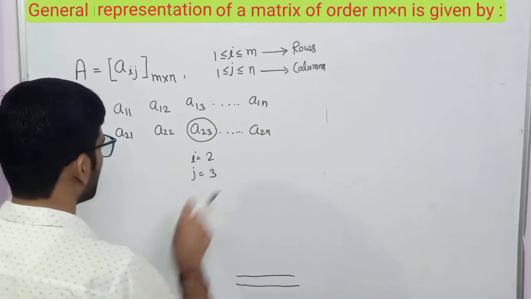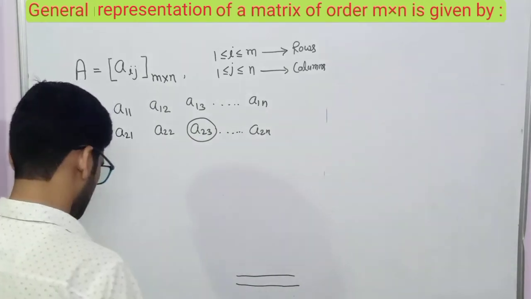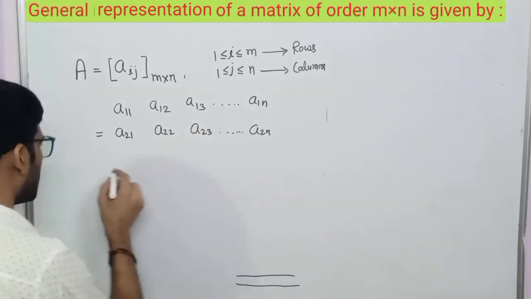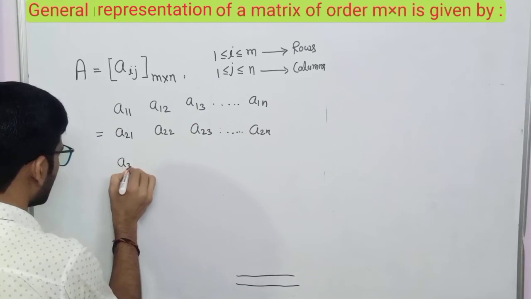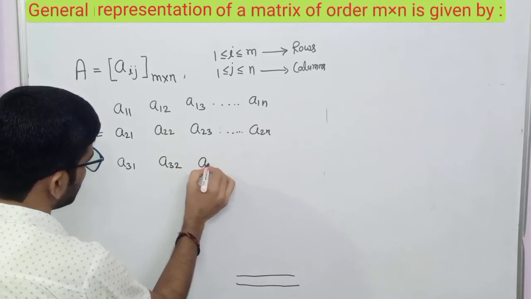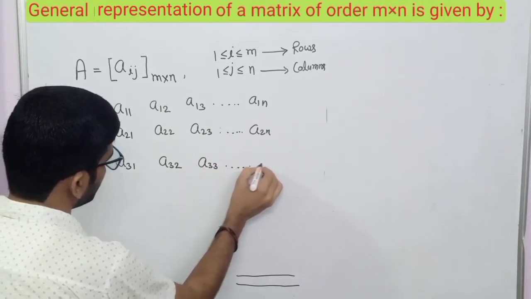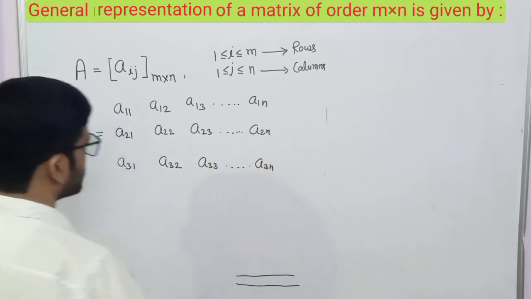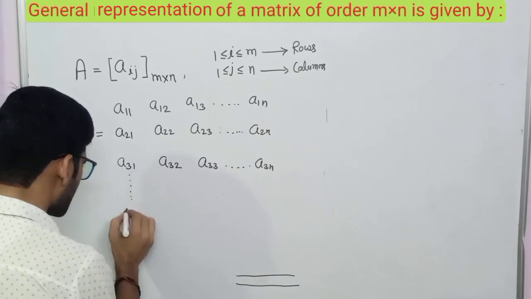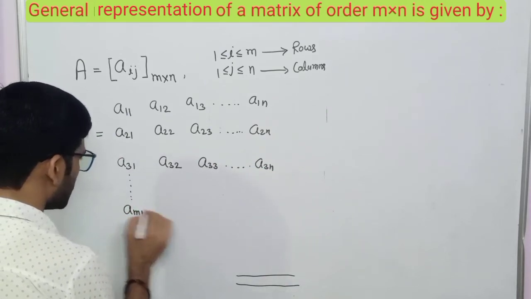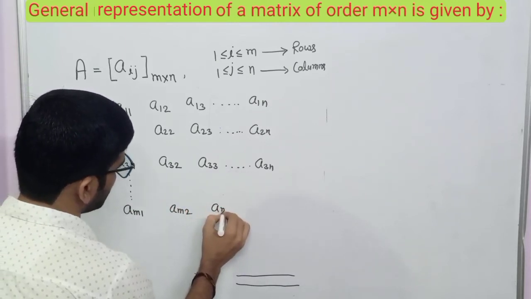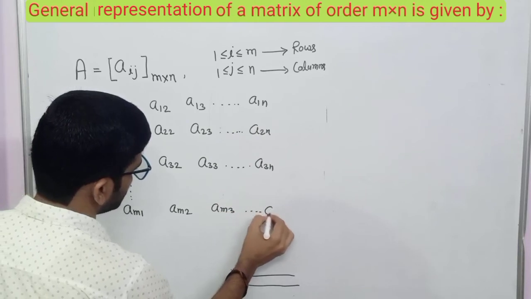Okay, so now next is A31, A32, A33 and dot dot A3n. Okay, and if you write the last row, that is Am1, Am2, Am3 and dot dot Amn.